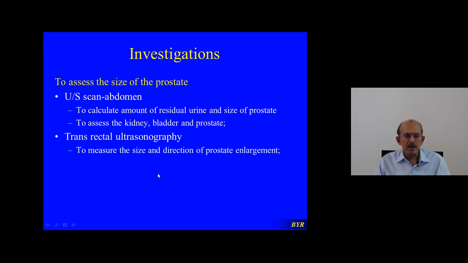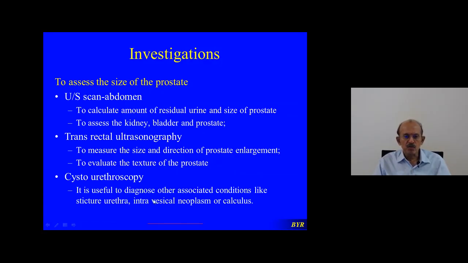Transrectal ultrasonography gives a high resolution image of the prostate gland. It is to measure the size and direction of prostatic enlargement and to evaluate the texture of the prostate. Cystourethroscopy is useful to diagnose other associated conditions like stricture urethra, intravesical neoplasm, or calculus.